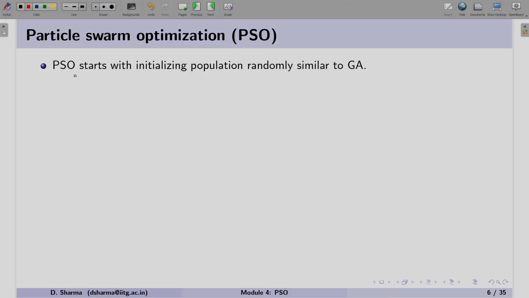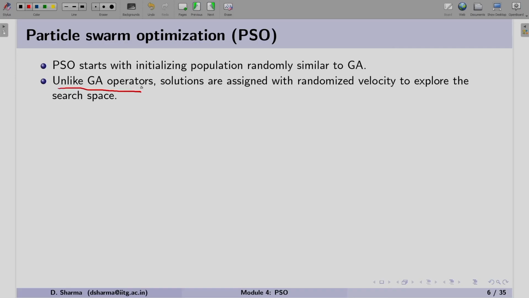So let us start with particle swarm optimization, and how it works. PSO starts with initializing the population randomly. This is very similar to GA, and that is the concept of evolutionary computation, that we start with a set of solutions. But unlike GA, the solutions are assigned a randomized velocity to explore the search space.